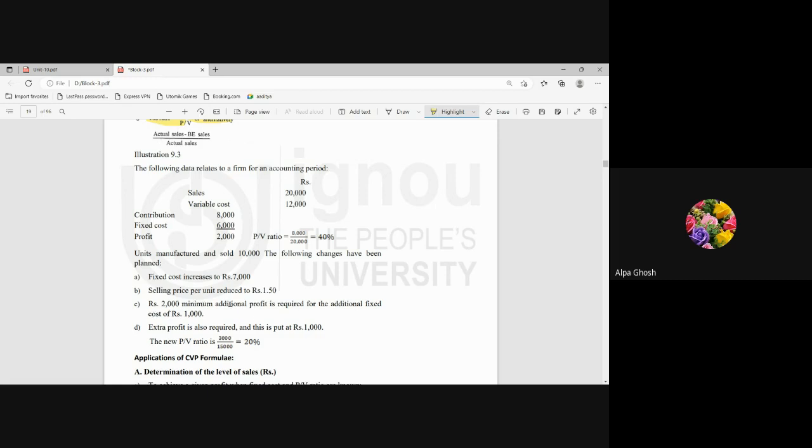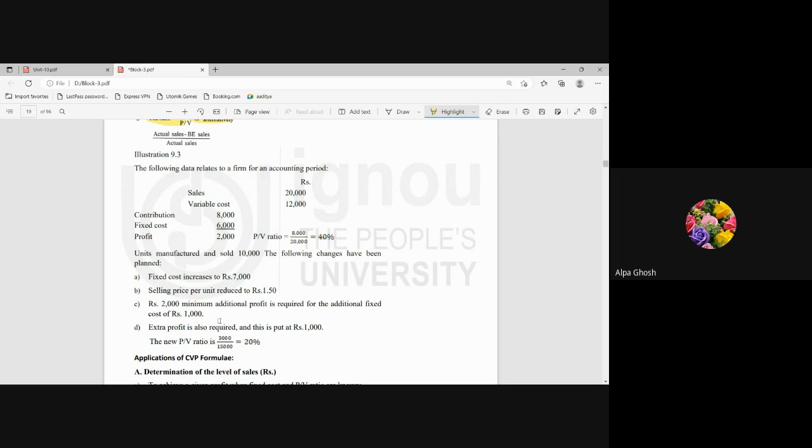Rupees 2,000 minimum additional profit is required for the additional fixed cost of 1,000. That means there is an additional fixed cost of 1,000, and extra profit is also required, which is put at rupees 1,000.